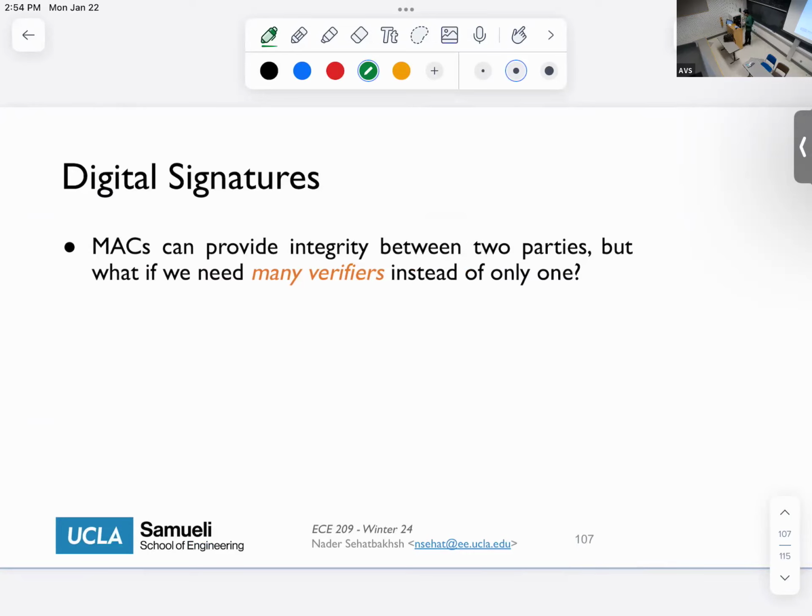So if you remember about MACs, I said that if I want to have integrity with a MAC, I need to find keys for both parties, because the one that computes the tag needs to use the key in order to compute the tag. And the receiver also needs to compute the tag in the same way that the sender did, and then compare these two and see whether they're the same or not, right?